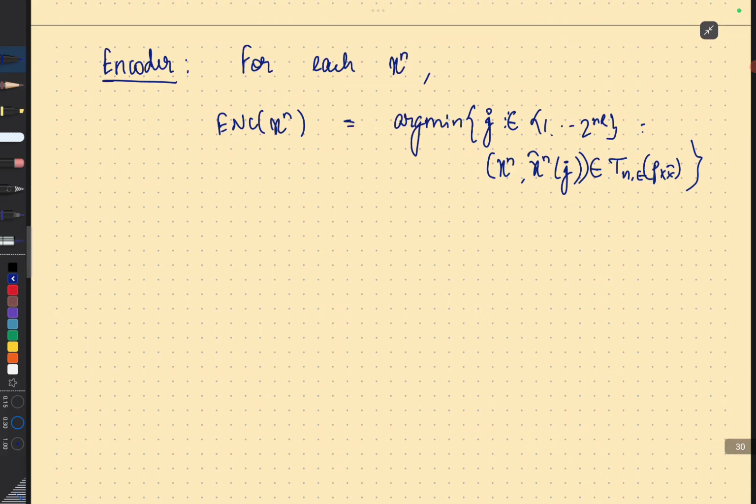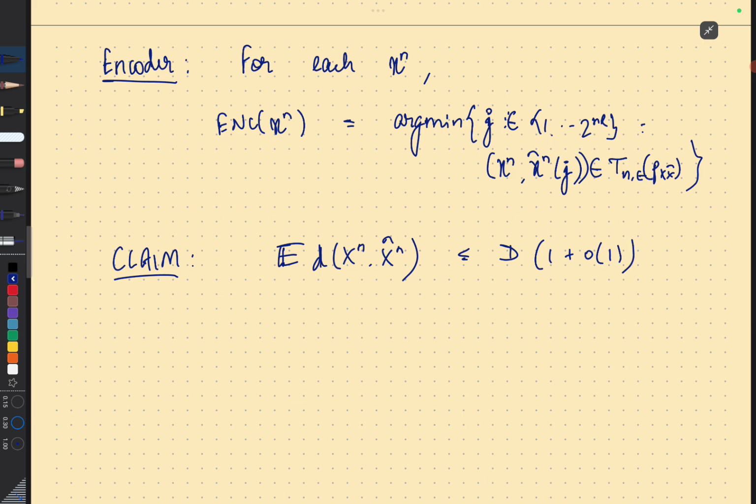Right, so here my claim is that the expected distortion between x^n and x hat^n is going to be less than or equal to D times (1 plus little o of 1), which seems a bit surprising because essentially all I've used is typical sets and I have chosen a completely random codebook.